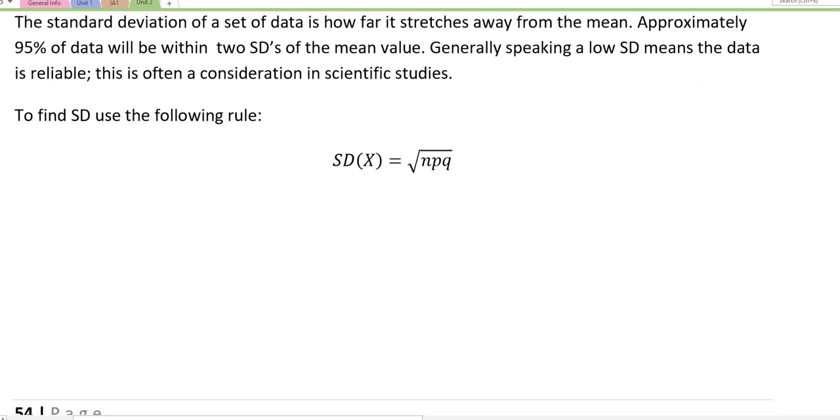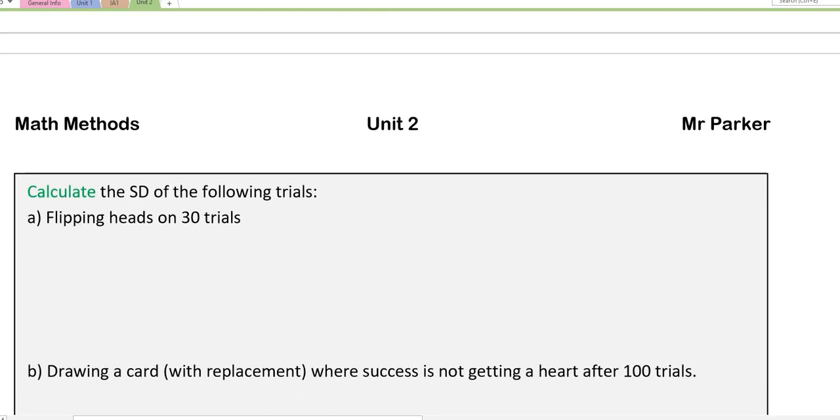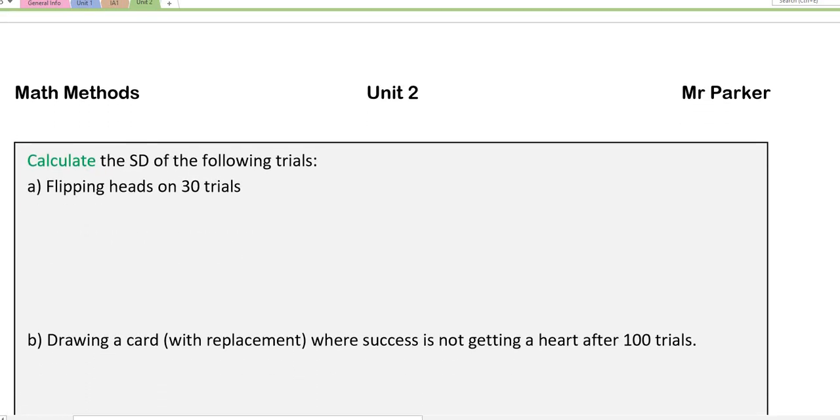So this is our rule: standard deviation is root NPQ. Calculate the standard deviation of flipping heads on 30 trials. Standard deviation of X equals root NPQ, 30 times a half times a half.